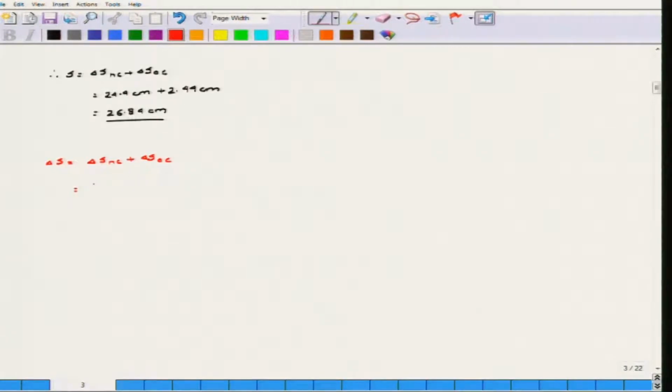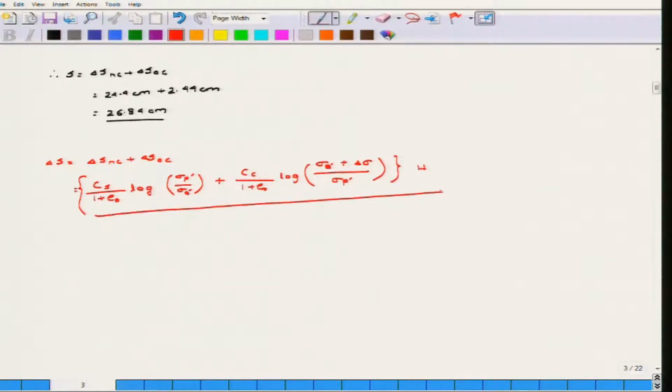SOC, which is given by Cs by 1 plus e naught into log of sigma P dash by sigma naught dash, where sigma P dash is the pre-consolidation pressure, and sigma naught dash is the present vertical stress, which is less than the pre-consolidation pressure, plus Cc by 1 plus e naught into log of sigma P dash plus sigma naught dash plus delta sigma divided by sigma P dash into H. So here you have to know sigma P dash previously, either from Casagrande's method, which we will discuss in the next problem.